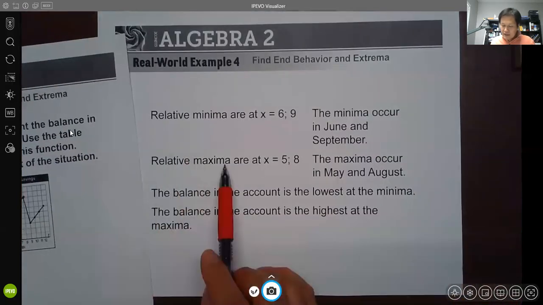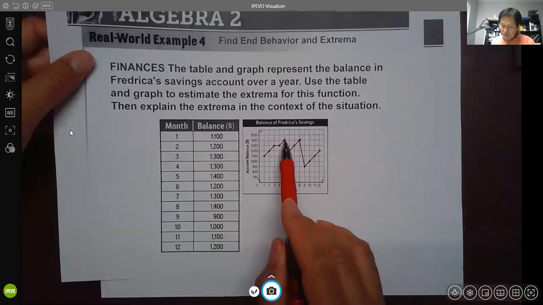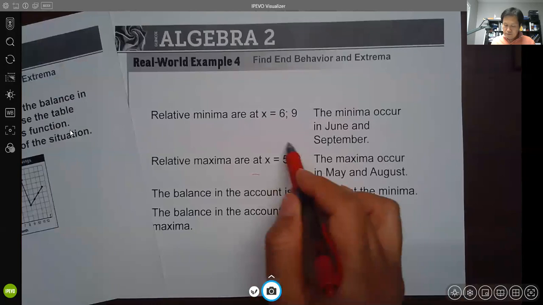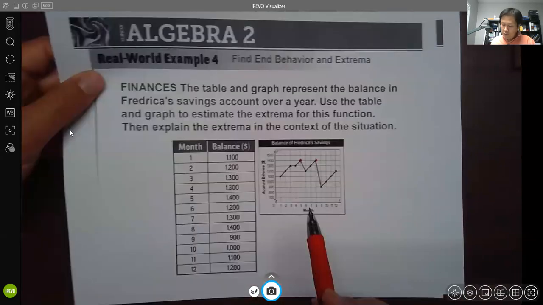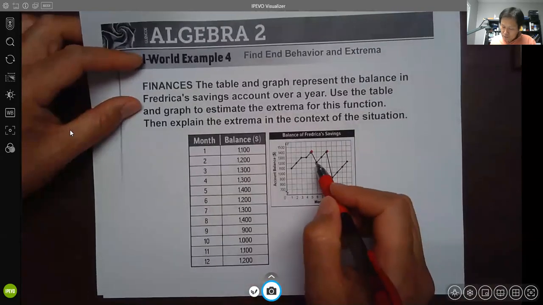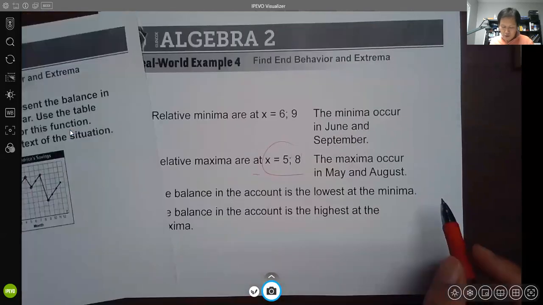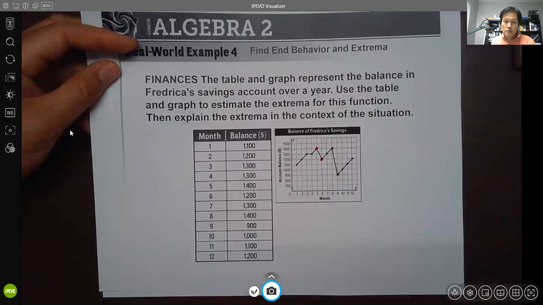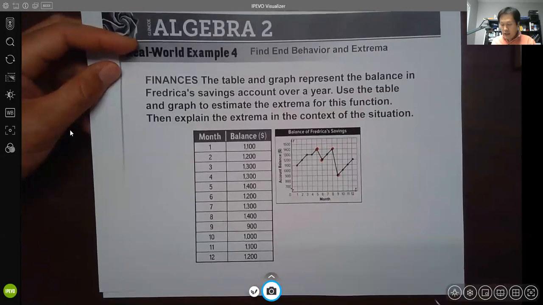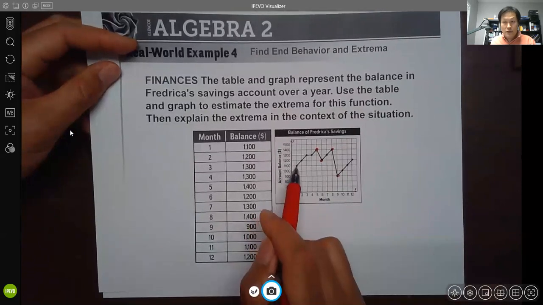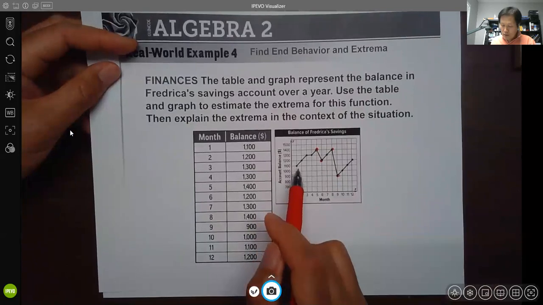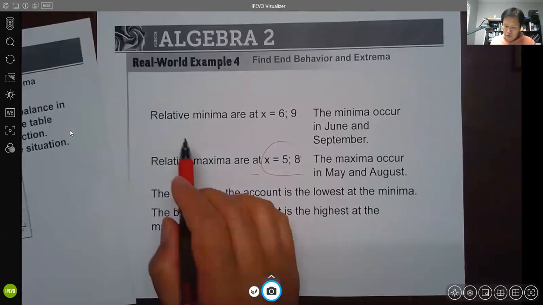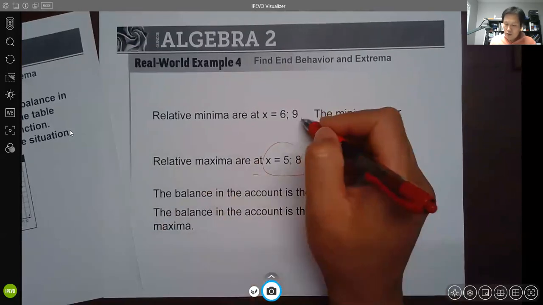So relative maxima at x equals 5 and x equals 8. Relative minima are right here and right here, at 6 and 9. I might actually consider this a relative minimum as well, so I'll include a 1. Relative minima at 1, 6, 9.